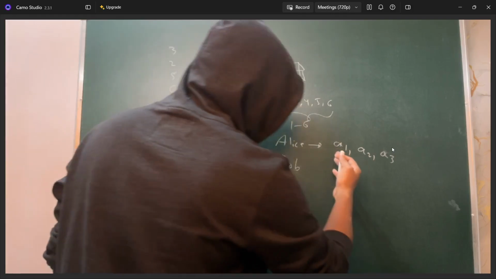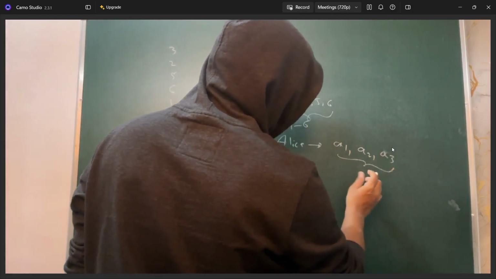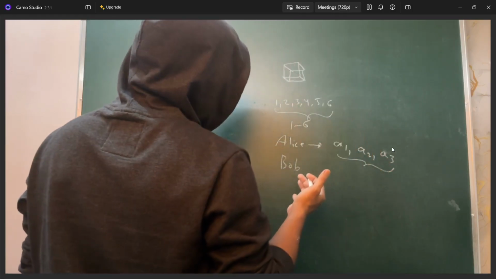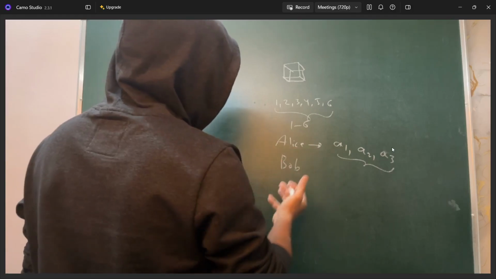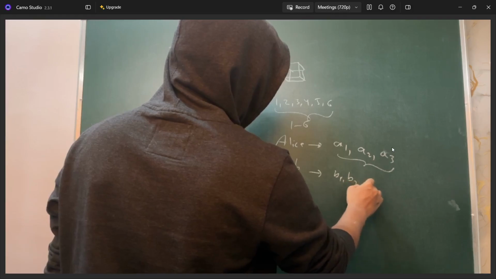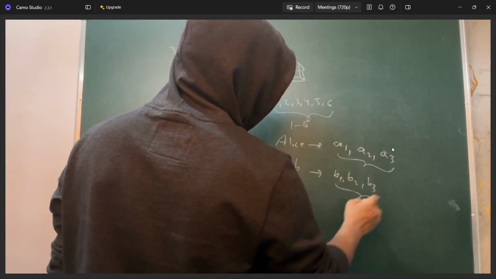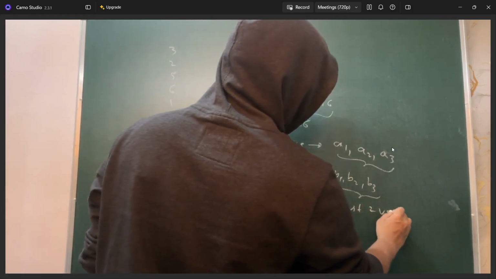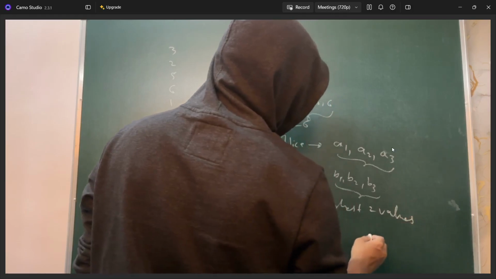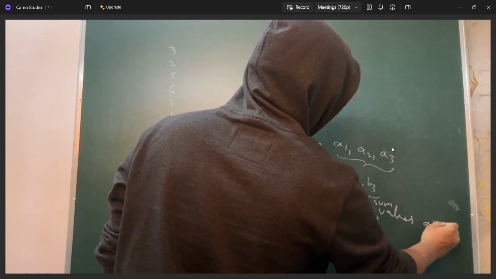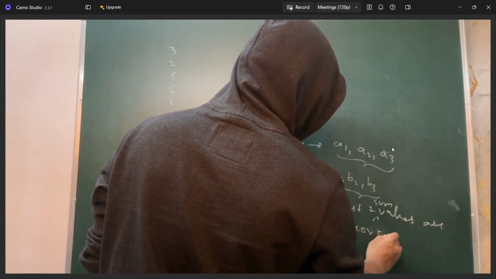Among these three, whichever has the two highest values, their sum is calculated as the score of Alice. In the same way, Bob does the same thing, and among these three, the sum of the two highest values is the score of each player.